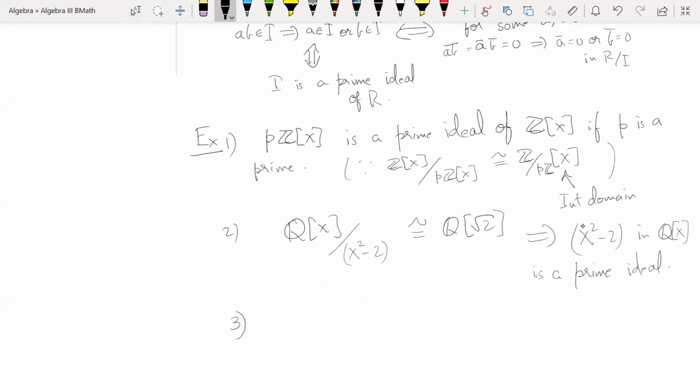Another class of examples in Z[x], which I won't work out but maybe put on Google Classroom: you can show that the ideal generated by x minus n is a prime ideal for n any integer, for instance x minus 5.